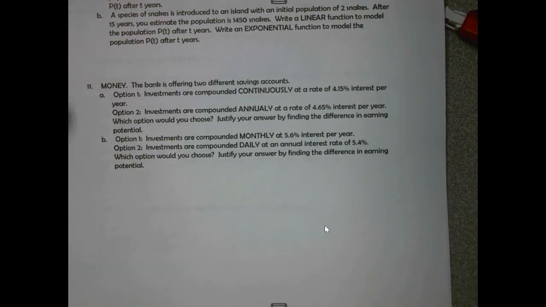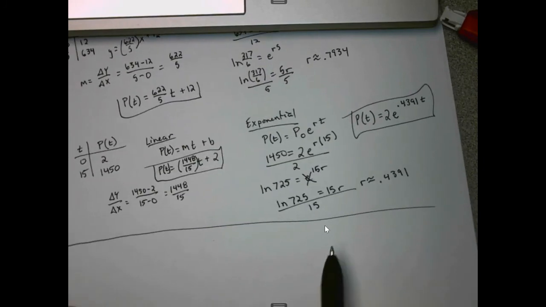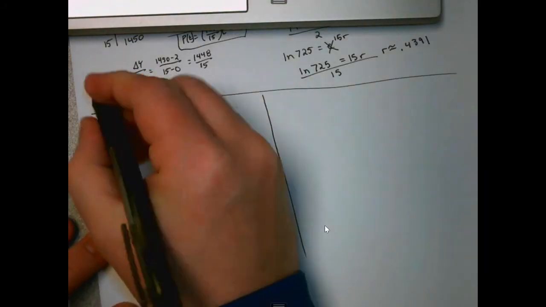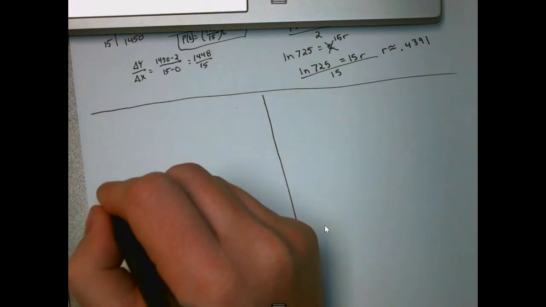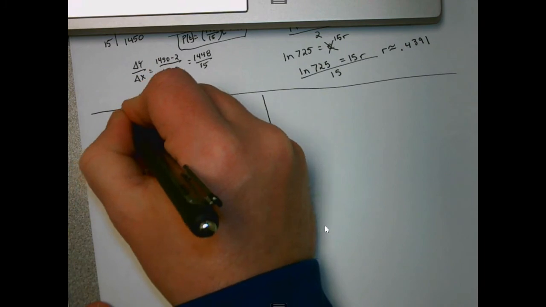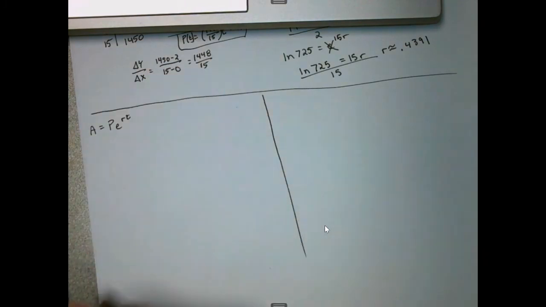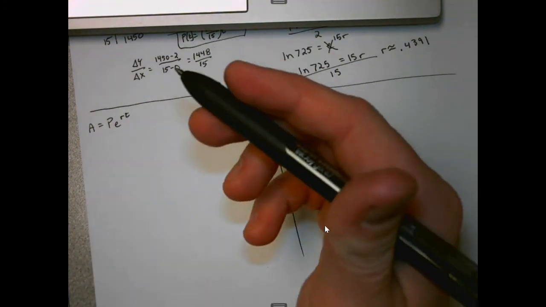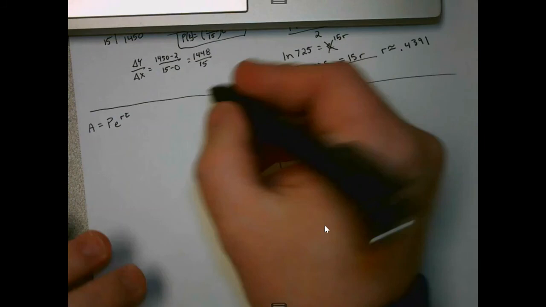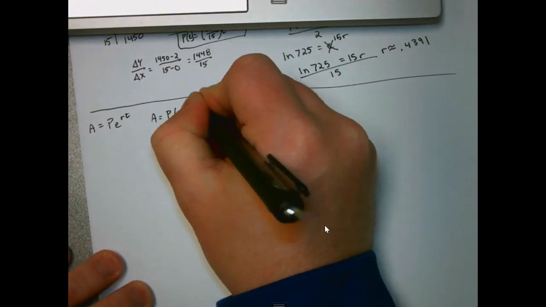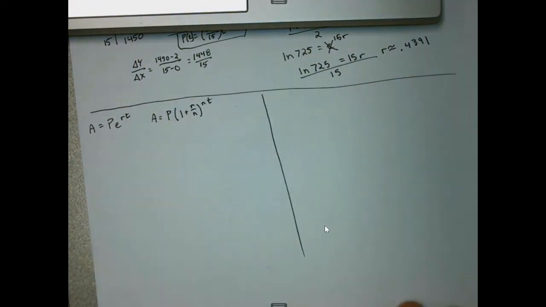Okay, so with compounded continuously, we got two problems here, so we'll split this up. Compounded continuously is our PERT equation: A equals P e to the rt, where the amount equals your principal times that growth. And when you compound monthly or daily or annually or anything like that, that's A equals P times (1 plus r over n) to the nt, where n is the number of compounds per year.